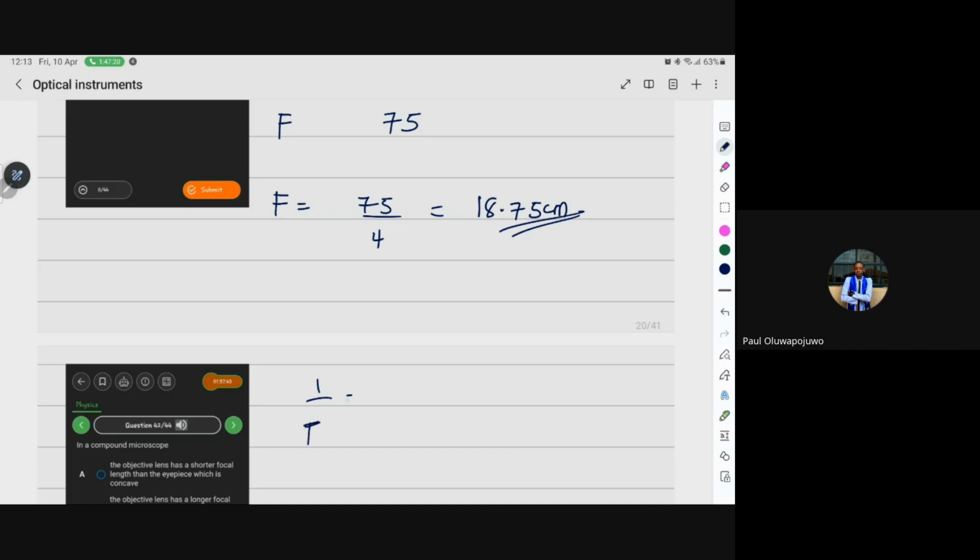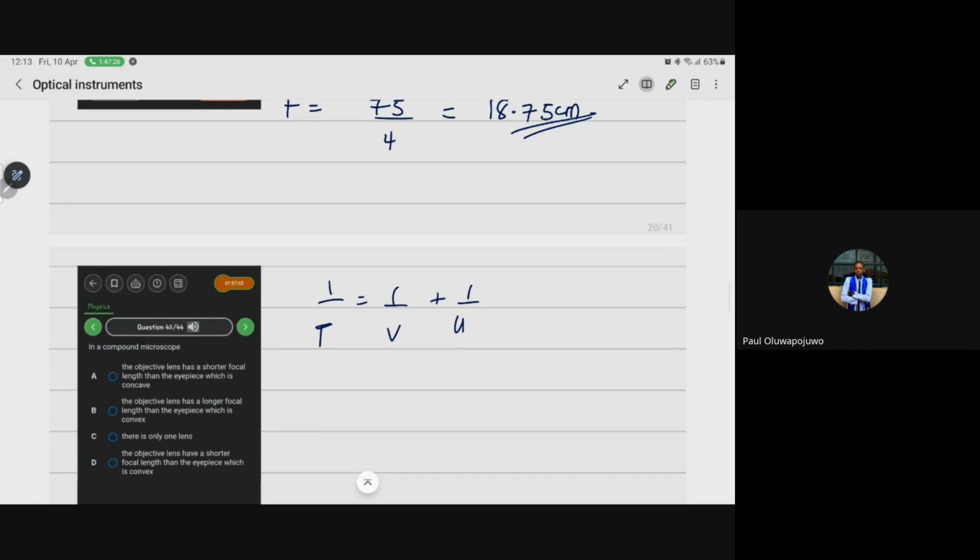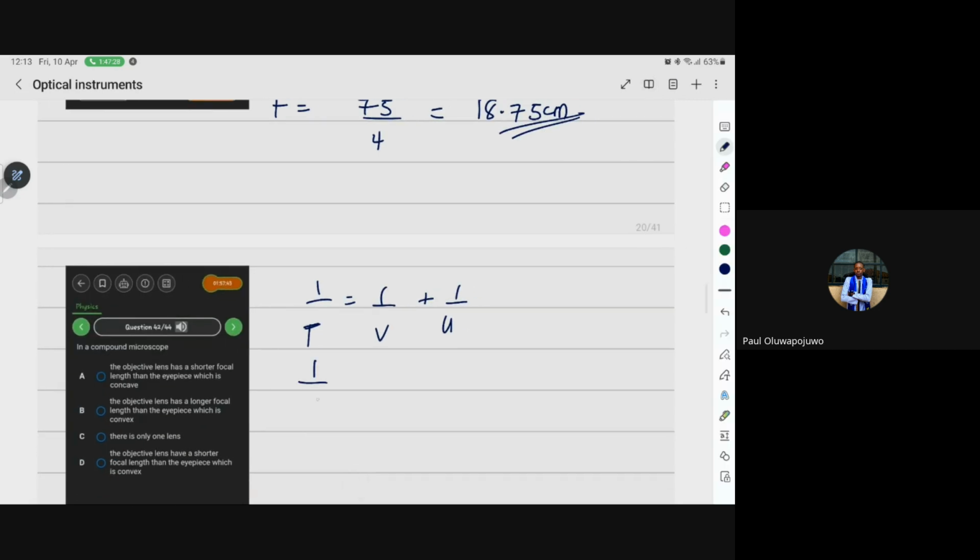1 over f equals 1 over v plus 1 over u. The distance is 25. So 1 over f. Your sign did not cross equality to change. No, there's nothing to cross because you're looking for 1 over f. It cannot change, okay?